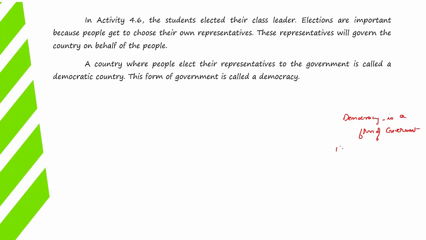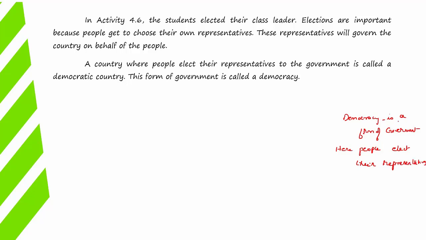Here, people elect whom? Their representatives.